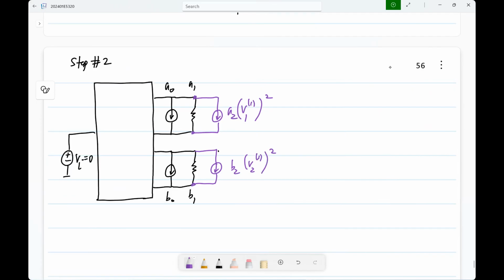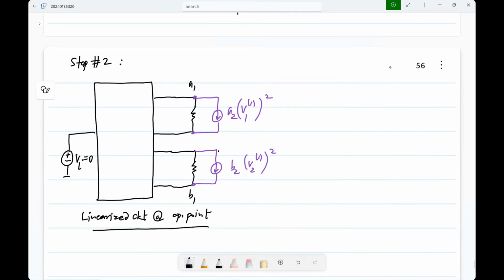And then you still do, this is the linearized circuit at the operating point. Sorry, I should not have put the operating point in this. These fixed sources will go away in the incremental circuit, right? This is the linearized circuit at the operating point with additional current source inputs.